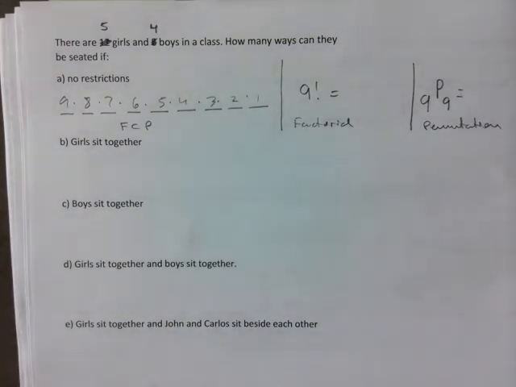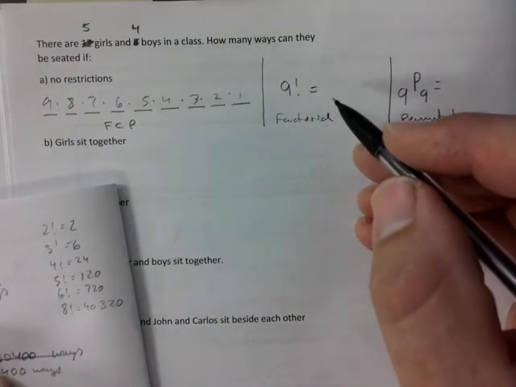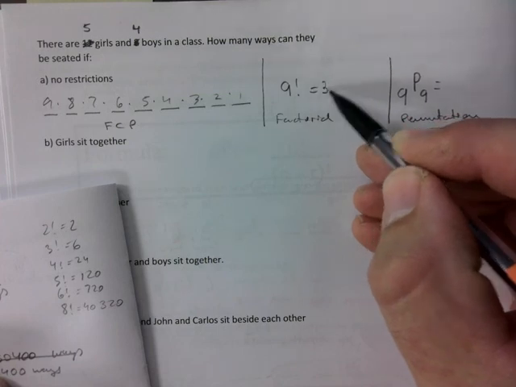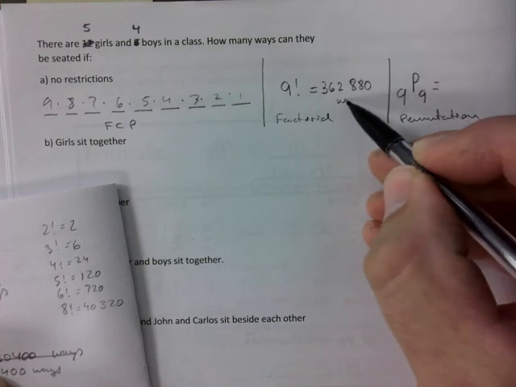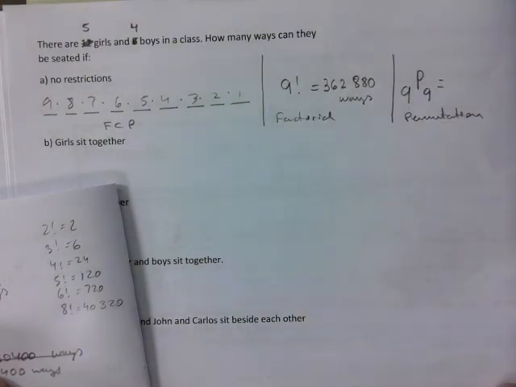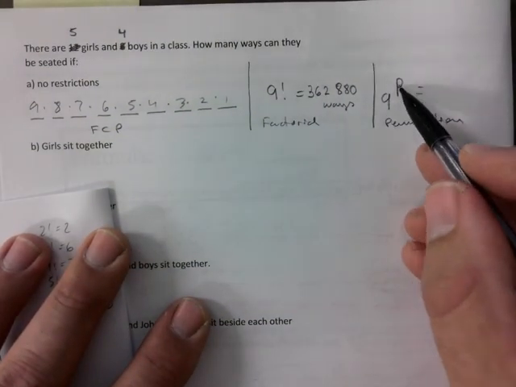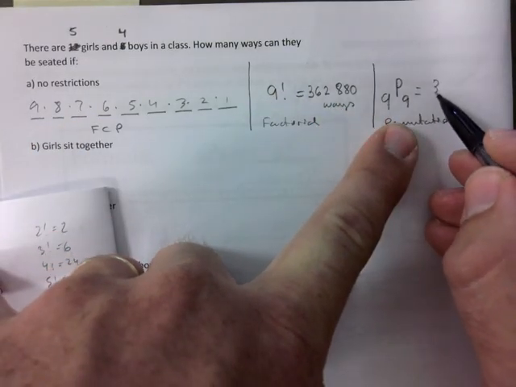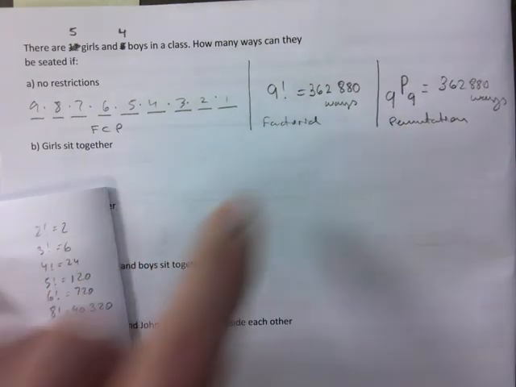Math, go get it. And this is 362,880 ways. Can I have a confirmation on that? Is that what we're getting? Yeah? Okay. And so 9P9 is the same thing as this, same thing as that. So that's just 362,880 ways that these students could be arranged.